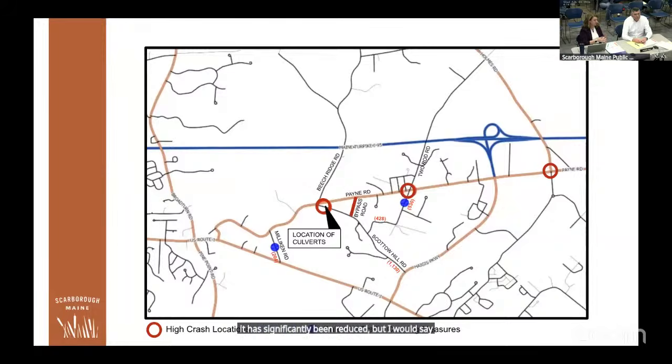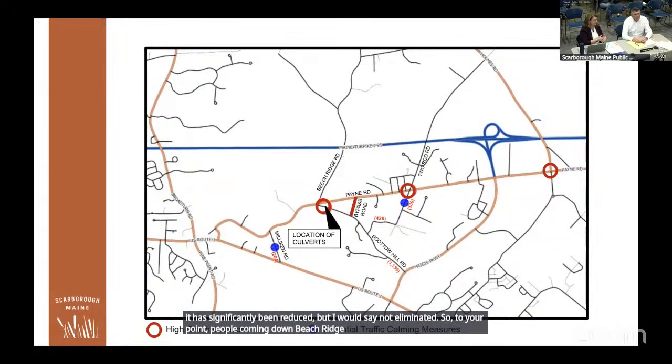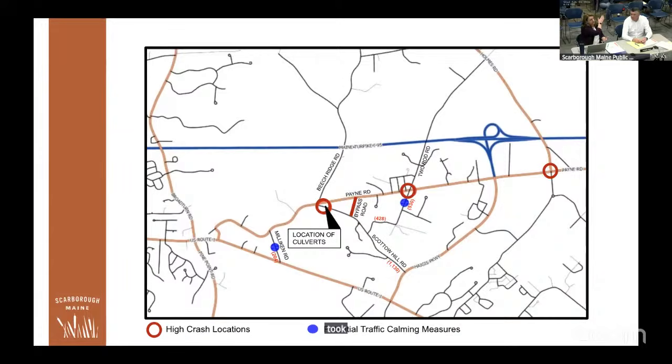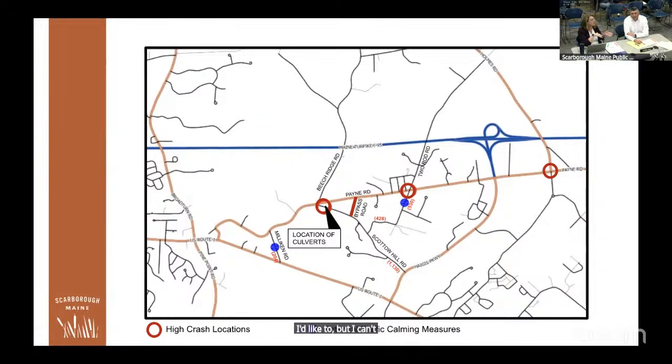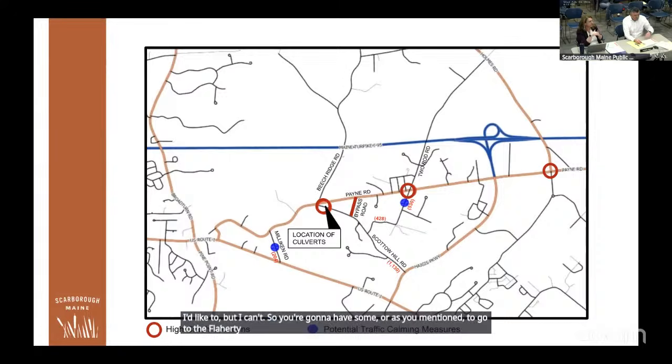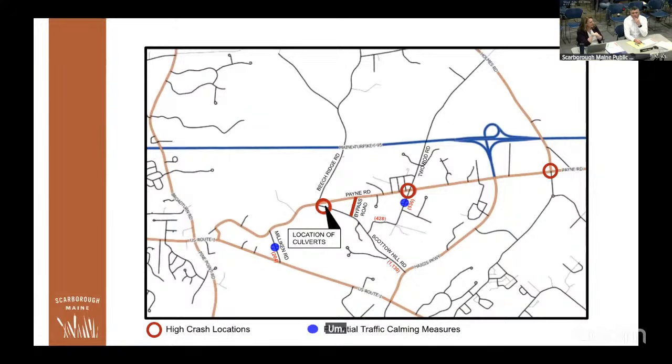So to your point, people coming down Beach Ridge, there was one that just took a right and went all the way across, I mean, at high speeds, not stopping. I mean, those kind of things I can't design for someone not stopping at a stop sign. Right. But I'd like to, but I can't. So you're gonna have some, or as you mentioned, to go to the Flaherty's, we probably need to talk to them a little bit about their curb cut.